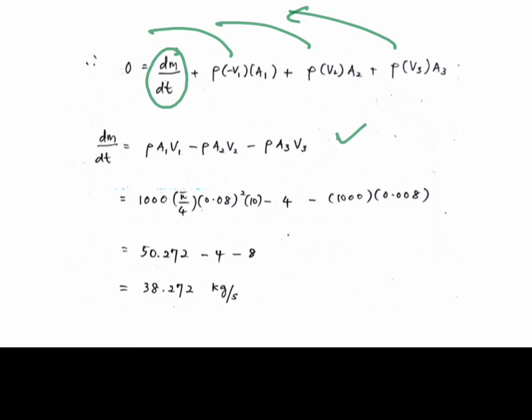Then we substitute the values that we know from the question. For rho A1 V1, rho is 1000, A1 is the area, and V1 is the velocity.